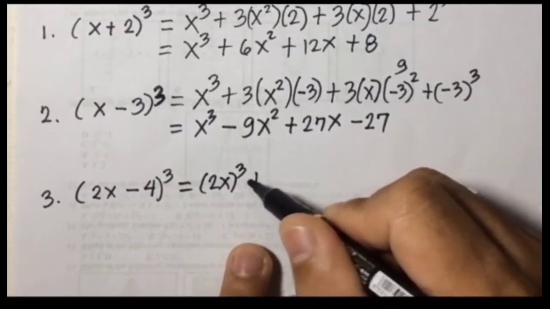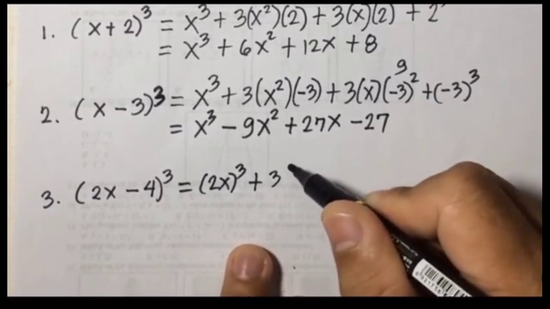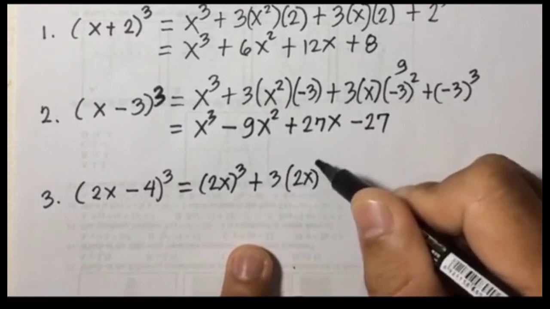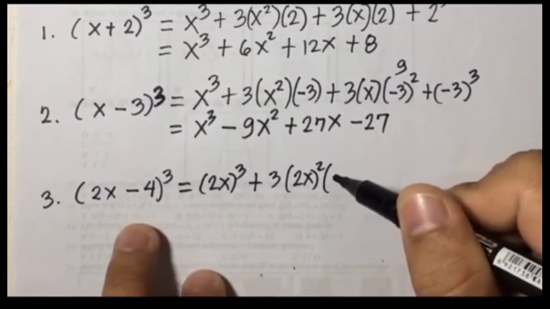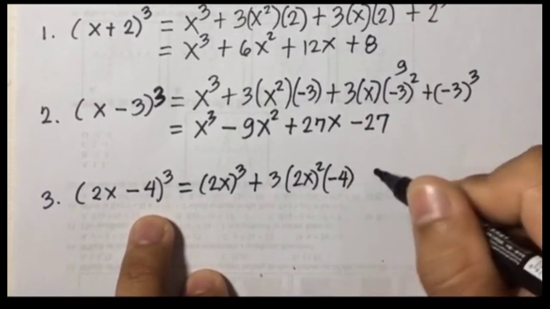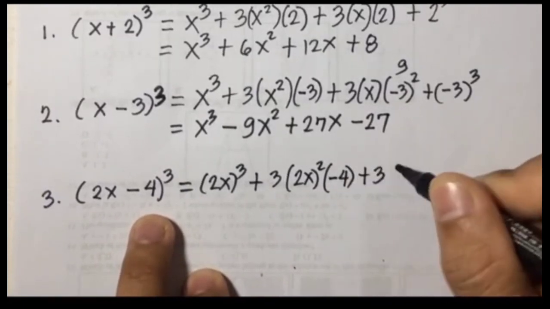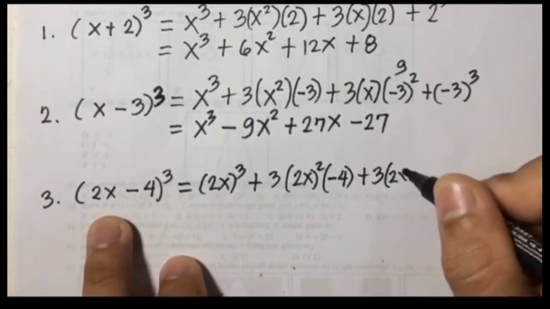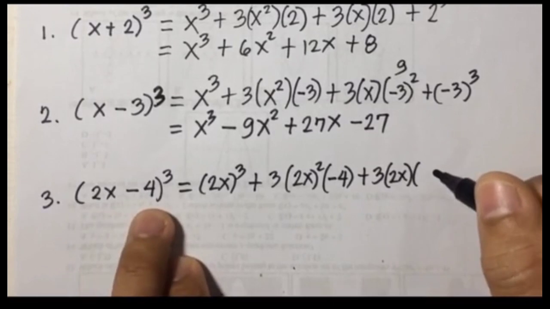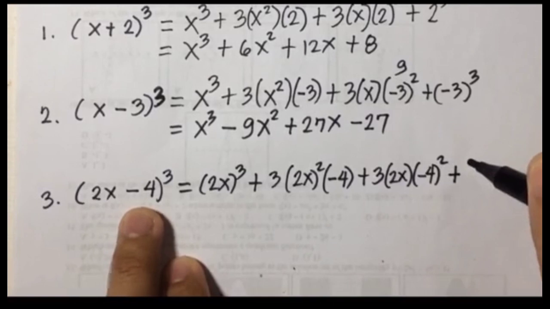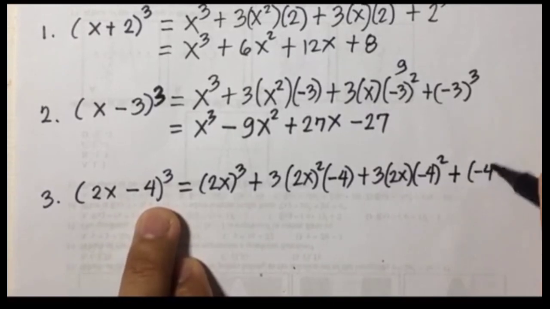Then plus 3 times the square of the first term, so we're going to have 2x squared, then times the second term, negative 4, plus 3 times the first term, 2x, then multiplied by the square of the second term, negative 4 squared. Then our last term will be the cube of negative 4, which is the second term.